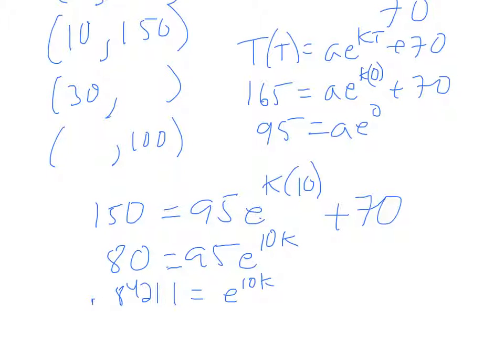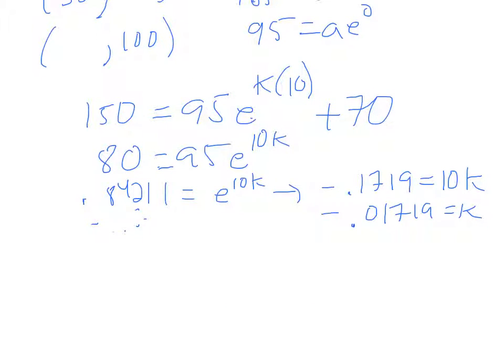I didn't round on my calculator, so this might be slightly different than if you typed in 0.84221 or 0.84211. That gives me negative 0.1719 equals 10k. Then I'm going to divide by 10, and that'll give me a k value of negative 0.01719.